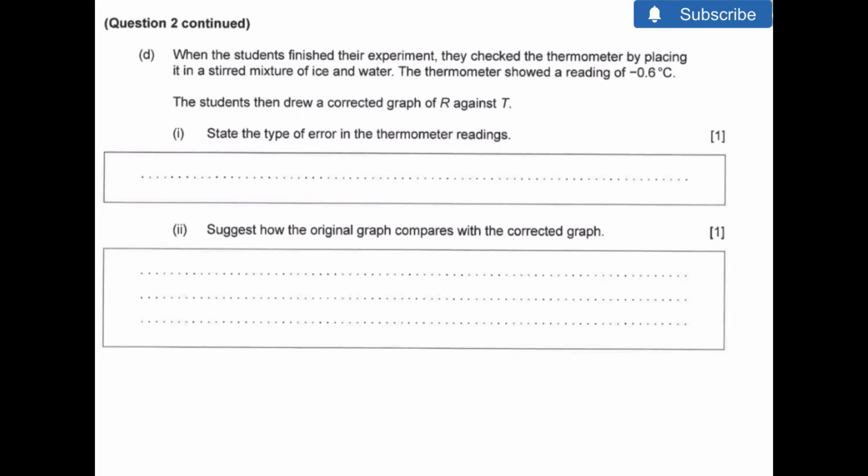Obviously, the thermometer is reading each temperature with an error of -0.6 degrees Celsius, which means that it consistently reads 0.6 degrees Celsius too low at every temperature. So this is obviously a systematic error.